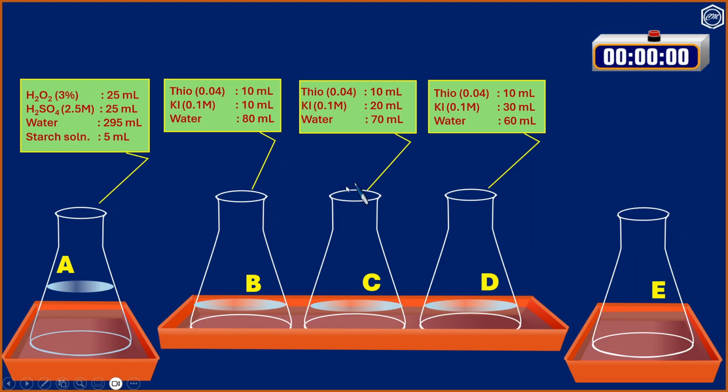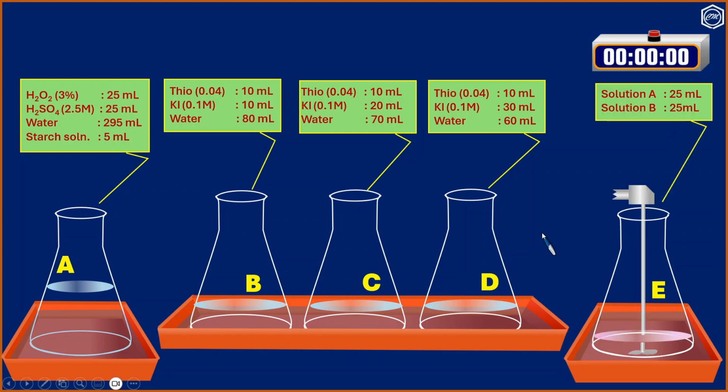Now we mix these two solutions and immediately start the stopwatch. So mix it, stir it, we started the stopwatch and we are waiting for the color change. When blue color appears, we immediately stop the stopwatch.